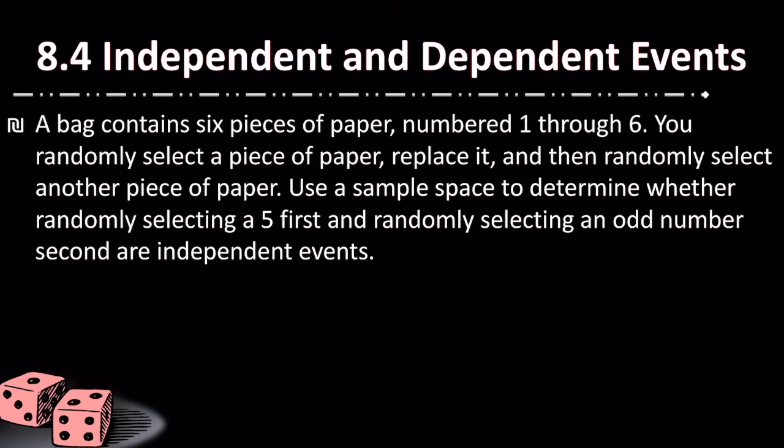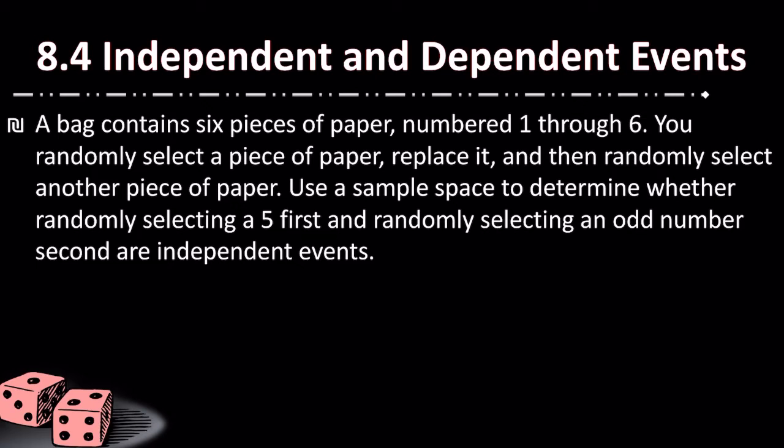For example, let's say a bag contains 6 pieces of paper numbered 1 through 6. You randomly select a piece of paper, replace it, and then randomly select another piece of paper. Use a sample space to determine whether randomly selecting a 5 first and randomly selecting an odd number second are independent events.